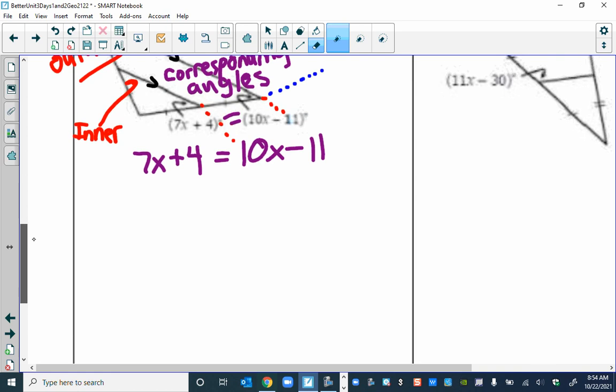Since we have corresponding angles, set the expressions equal to each other. What did we get for a result? Who can tell us? I got x equals -5. Close.